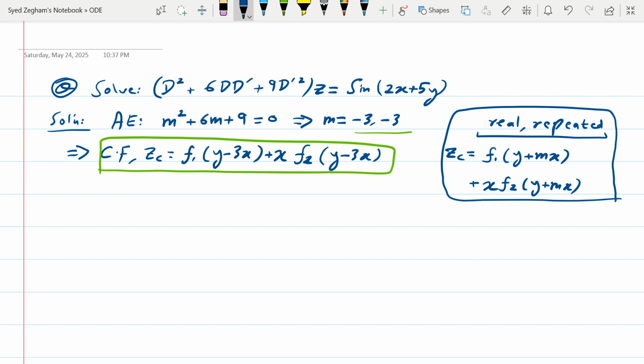Now let us go to the particular integral.